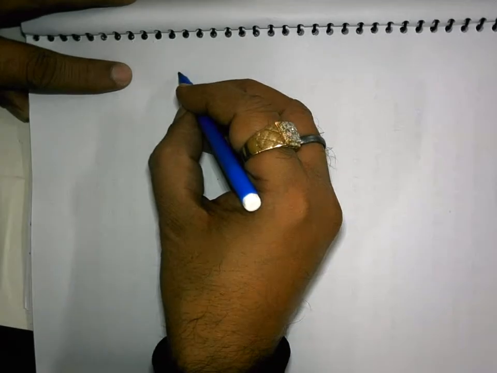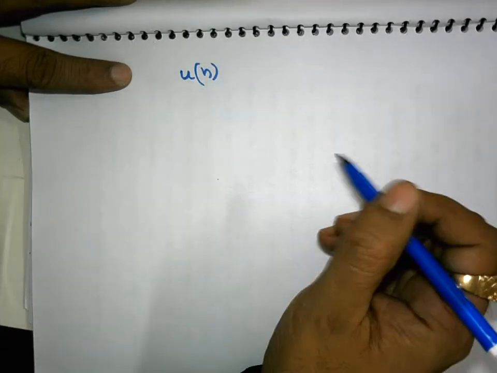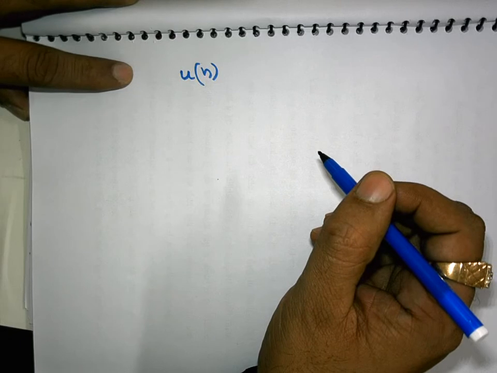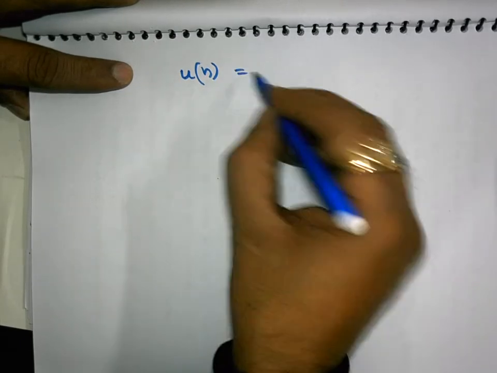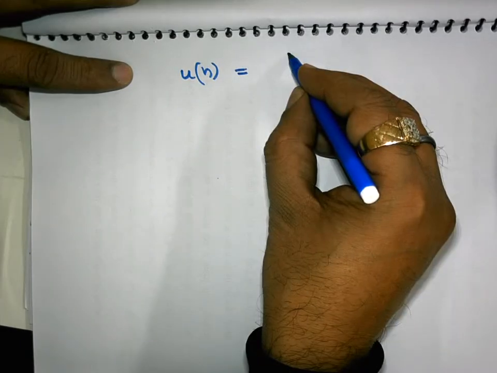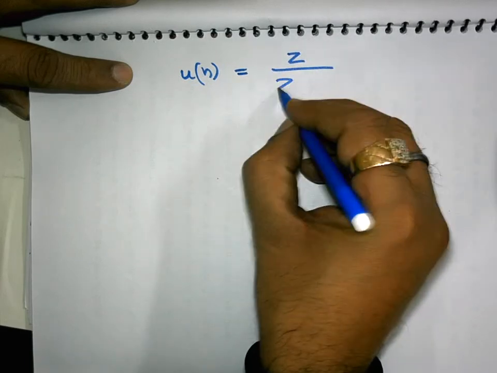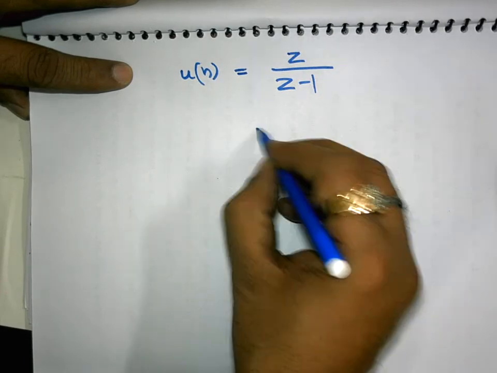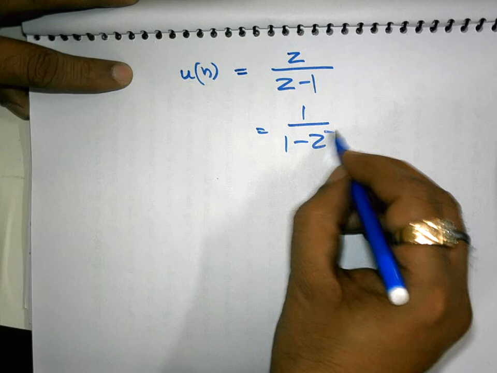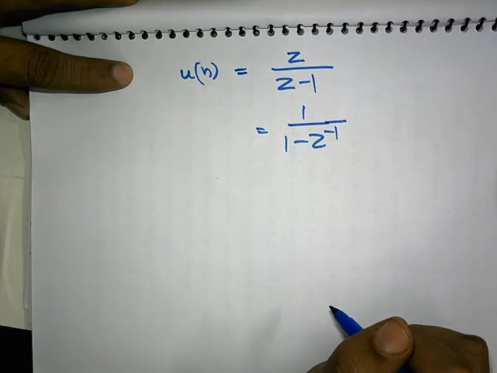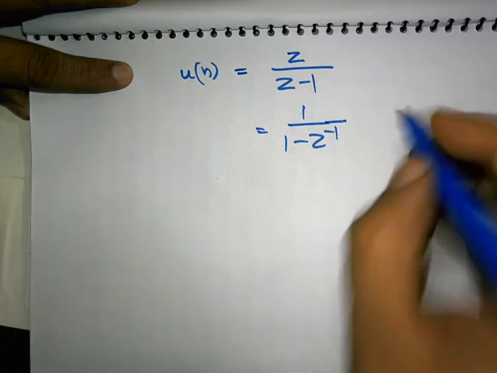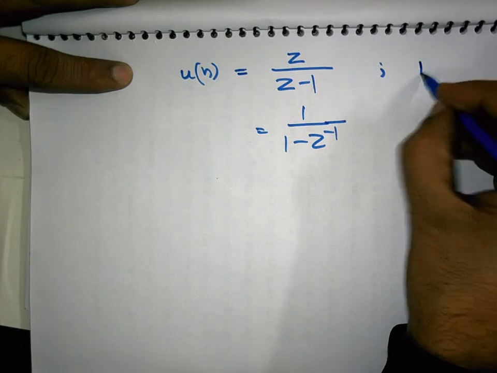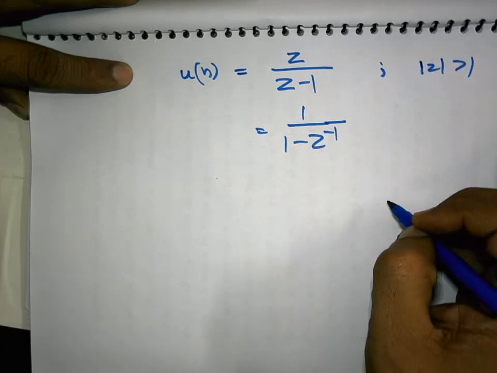Suppose the z transform of u[n] is known to you; we have already evaluated it. What is the z transform of u[n]? It is z over z minus 1, or 1 over 1 minus z inverse. This was the z transform of u[n]. And what was the ROC? Mod z was greater than 1.